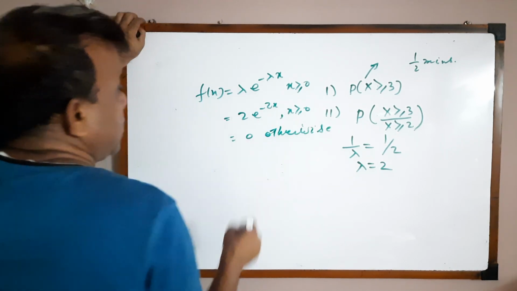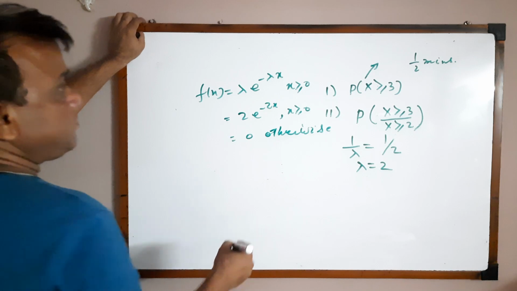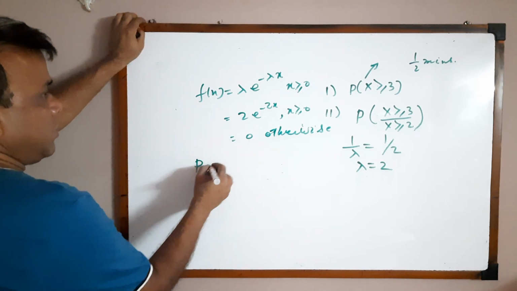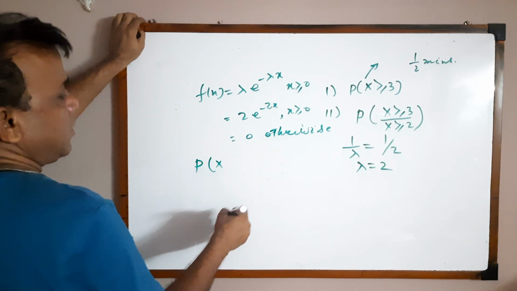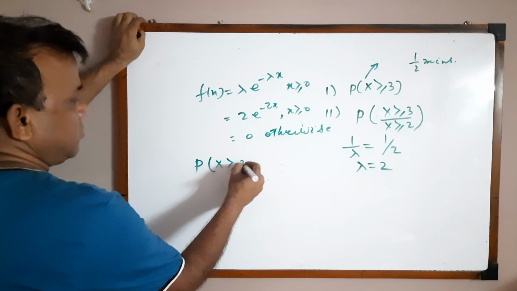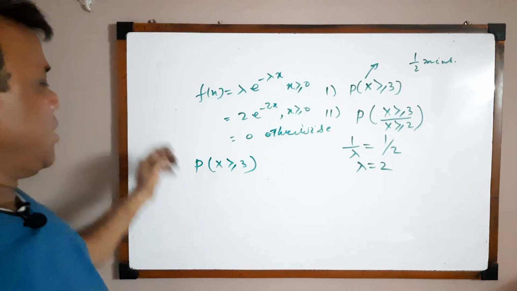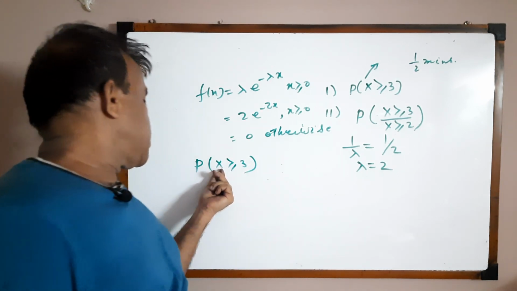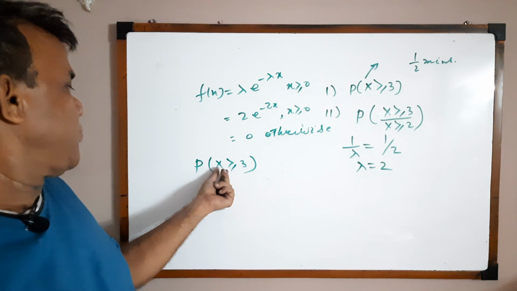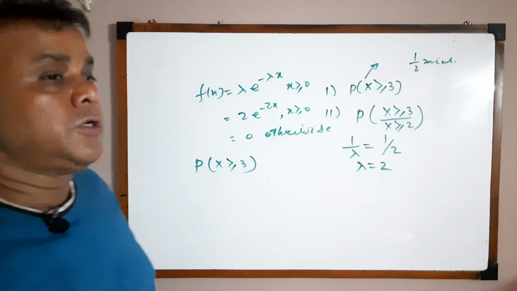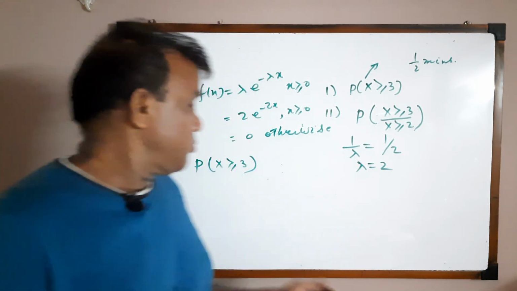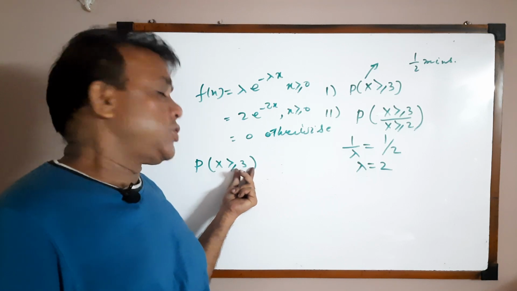First of all we have to find the probability X greater than or equal to 3. X is exponentially distributed, and the length of shower will last at least 3 minutes.